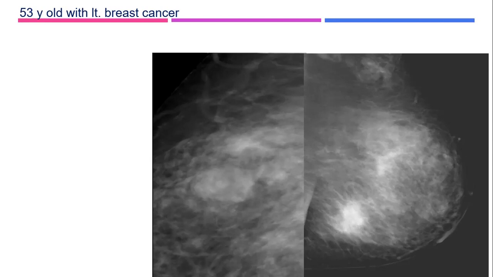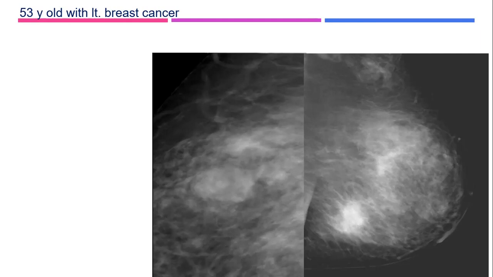It's not the same density. So ultrasound revealed a lobulated echo-free cyst. Okay. So I'll consider on the left breast, you will report it as BI-RADS 2. Unfortunately, I had made the same mistake.